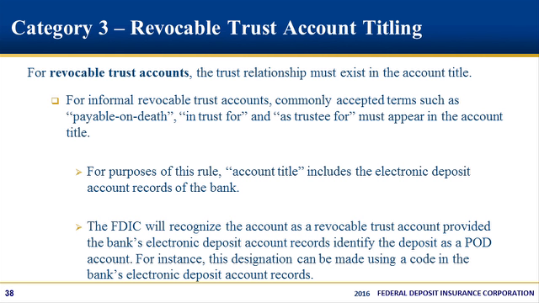The revised rule provides that the FDIC will recognize a deposit as an informal revocable trust account, provided that the bank's electronic deposit account records designate the account as a payable on death account. For instance, this designation can be made using a code in the bank's electronic deposit account records.